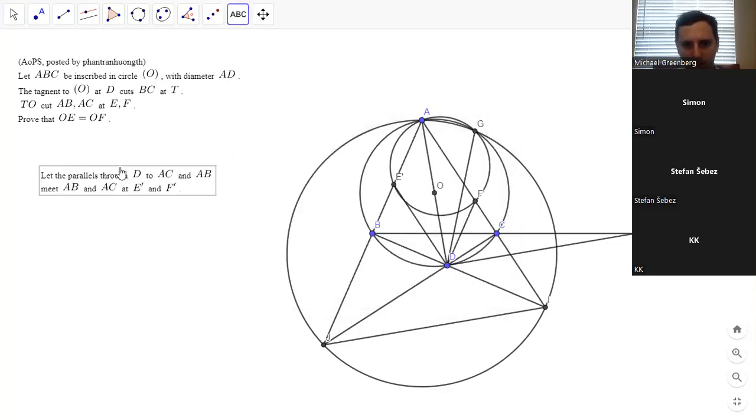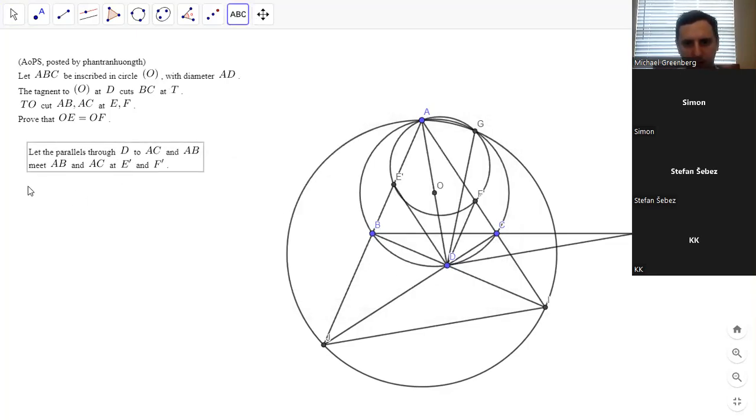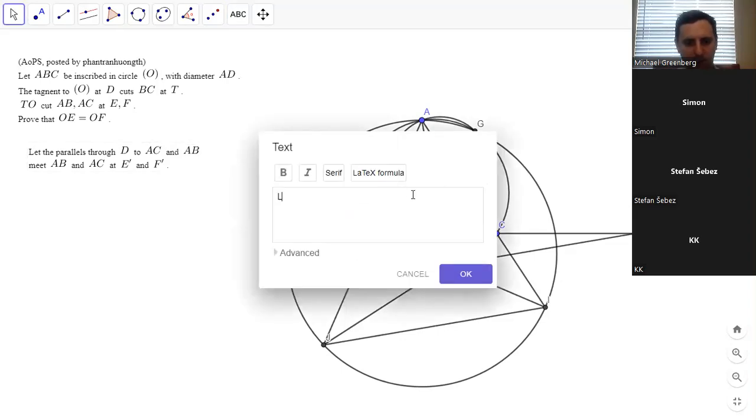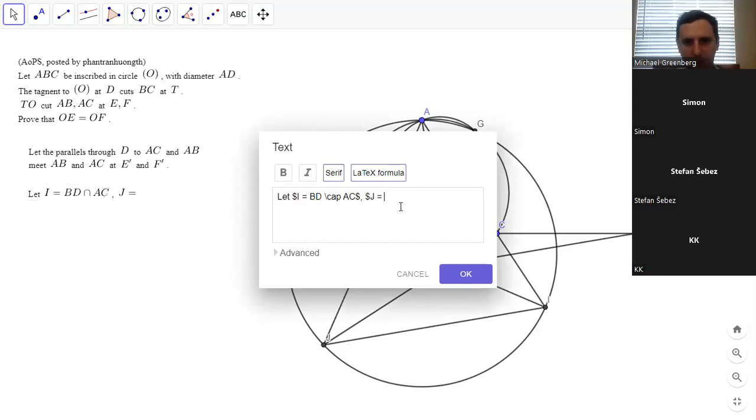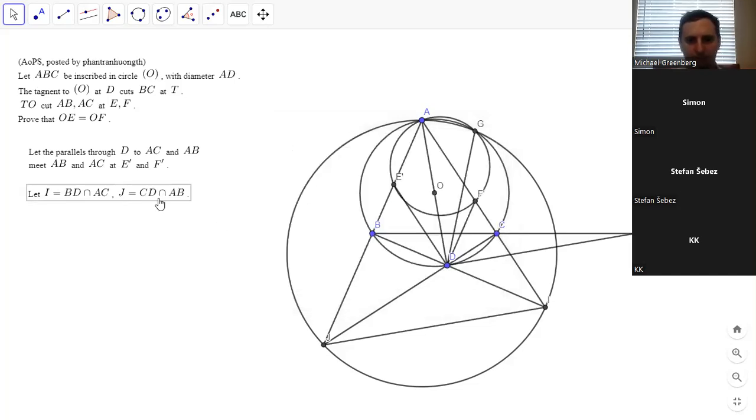And then let BD, let I equal BD intersect AC, and J equal CD intersect AB. Okay.